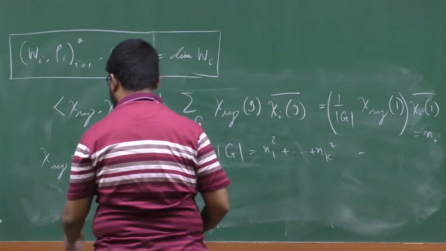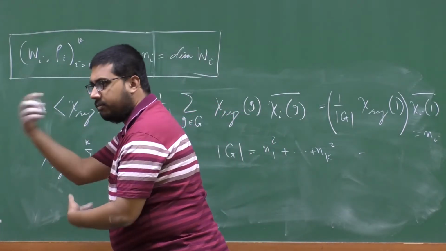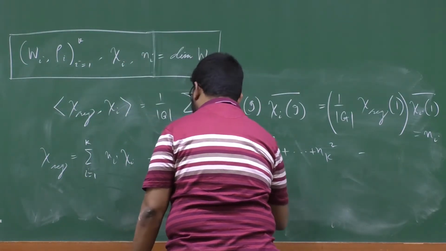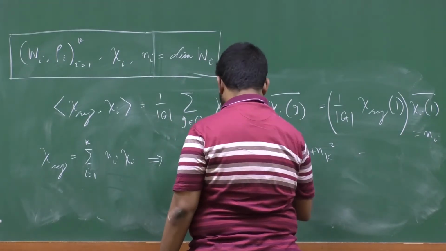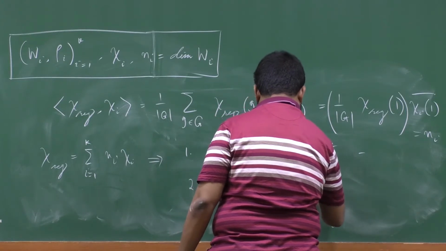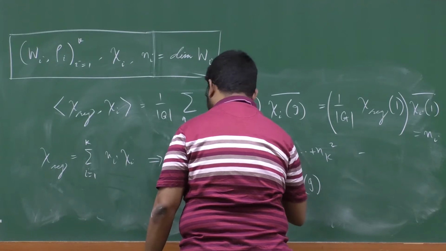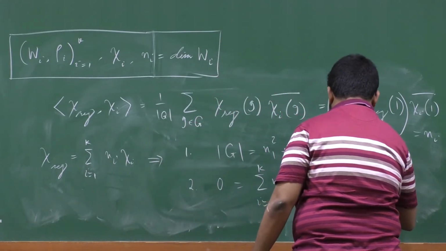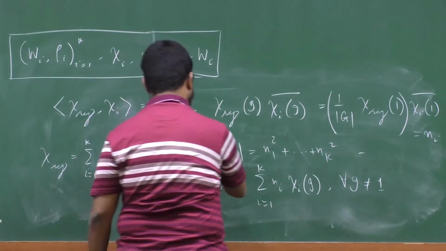And the second thing is, if you evaluate both sides at some element other than the identity, you obtain the following, that 0 equals the sum of Ni chi I of G, I from 1 up to k, for any G not equal to identity. Okay. So this is the dimension formula.